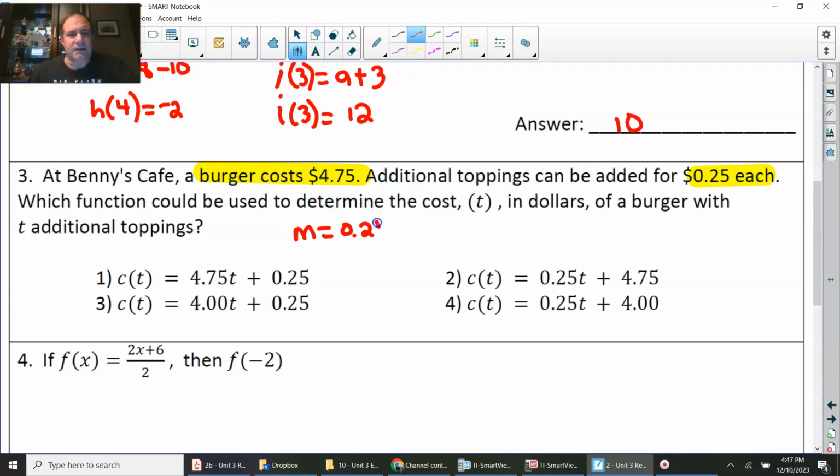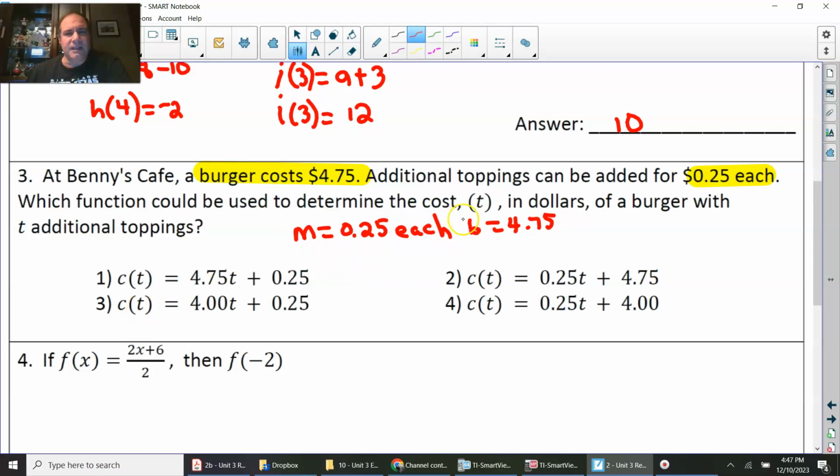That's the rate that we're talking about because it's 25 cents each. So we might have a lot of toppings. So the b itself is the burger cost because that's the number that we are definitely paying without any toppings. All right, so $4.75. That should not be next to a variable.